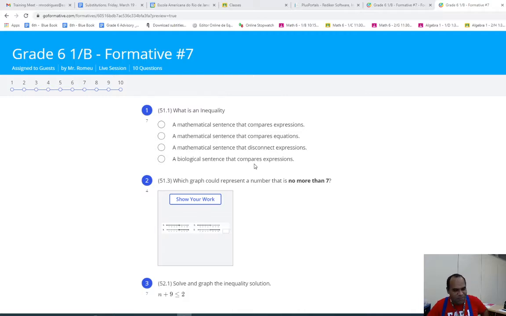We're talking about math. But the mathematical sentence that disconnects expressions, we do not disconnect expressions. A mathematical sentence that compares equations, we're not comparing equations. We are comparing expressions. Great, the first one.